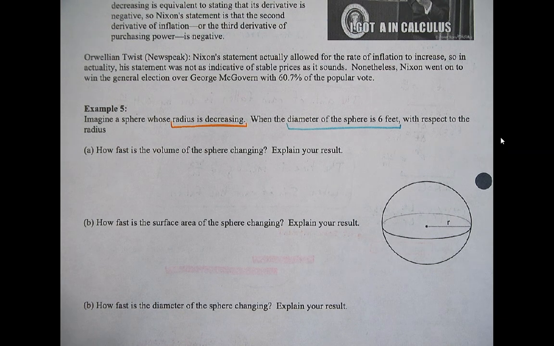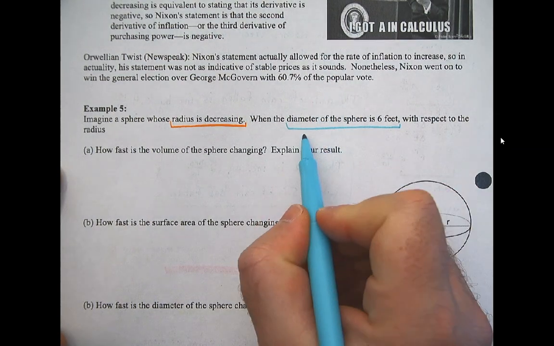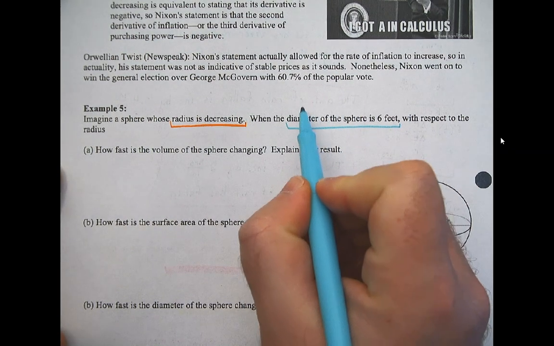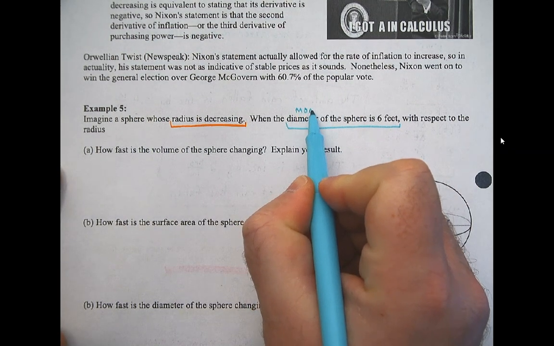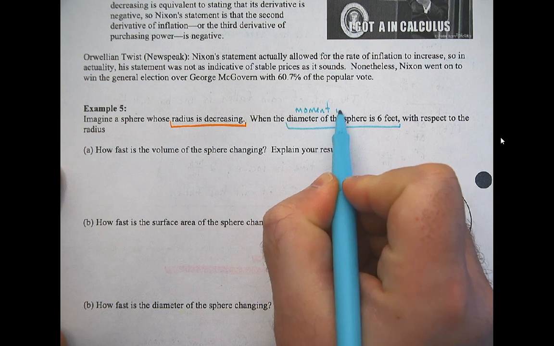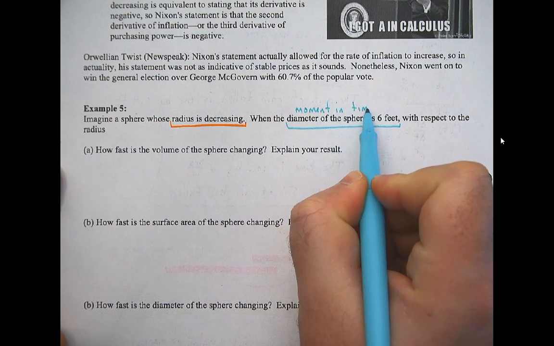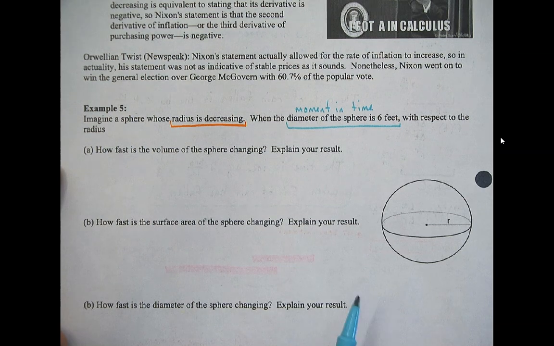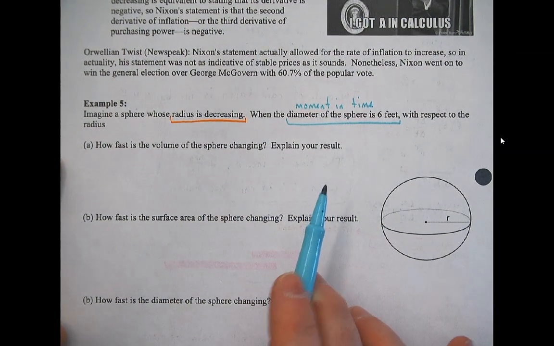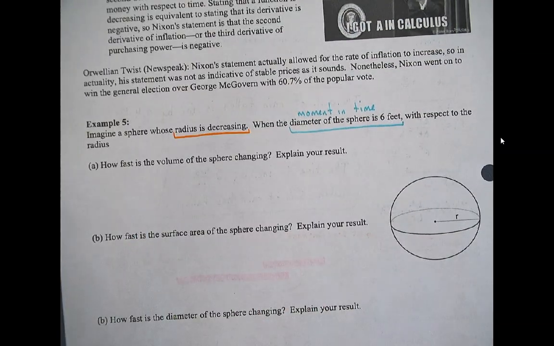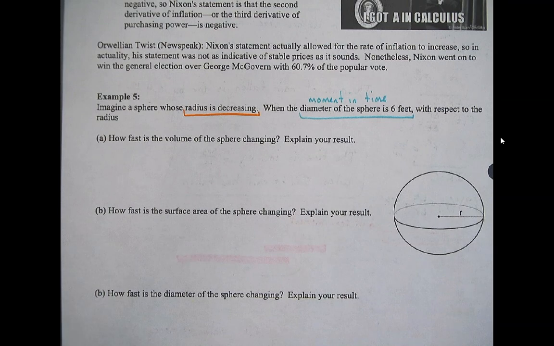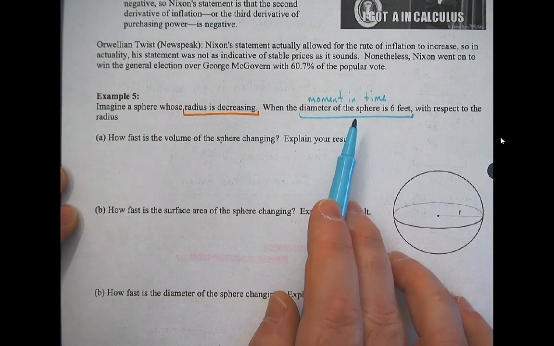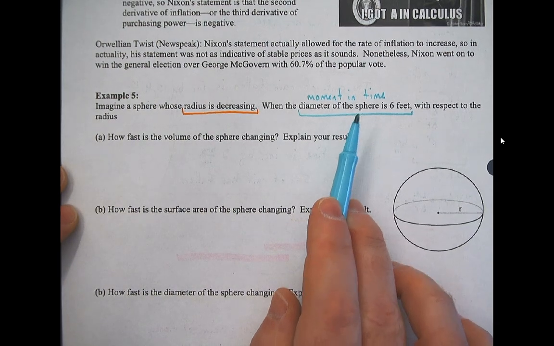Now, this is what we call a moment in time. So we're going to look at the overall change of the volume of this sphere, and then we're going to look specifically at what's happening when the diameter is 6 feet.